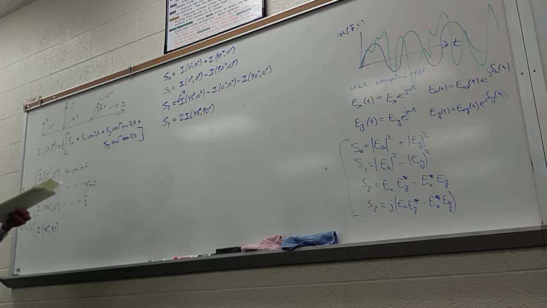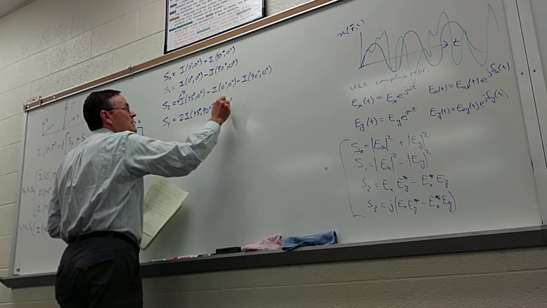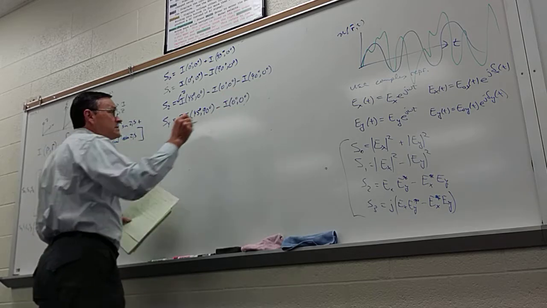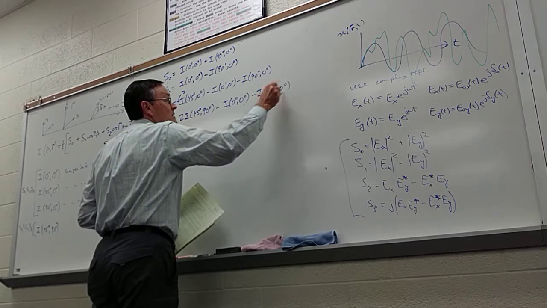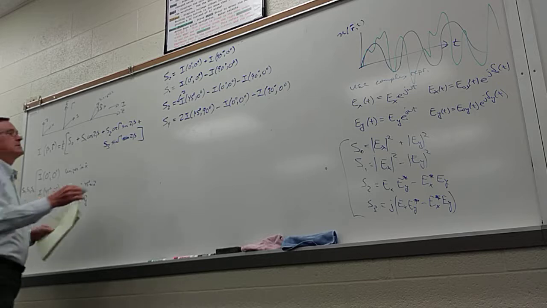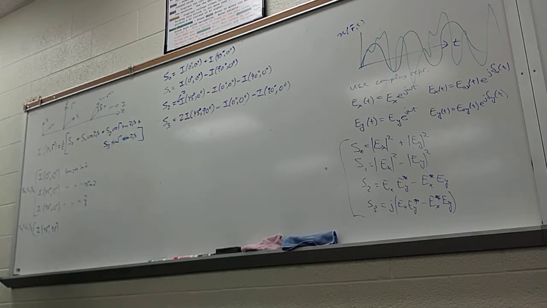Yeah, 2 multiplying that minus I of 0 degrees, 0 degrees, minus I of 90 degrees, 0 degrees. Oh, yes, thank you very much. Perfect. Thanks. Okay. So with these 4 measurements then, I can get 4 Stokes parameters.